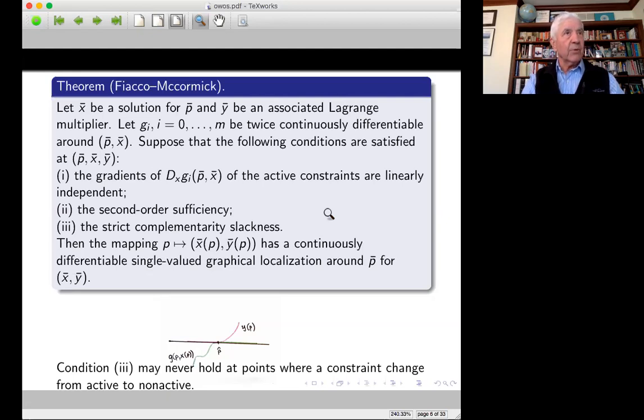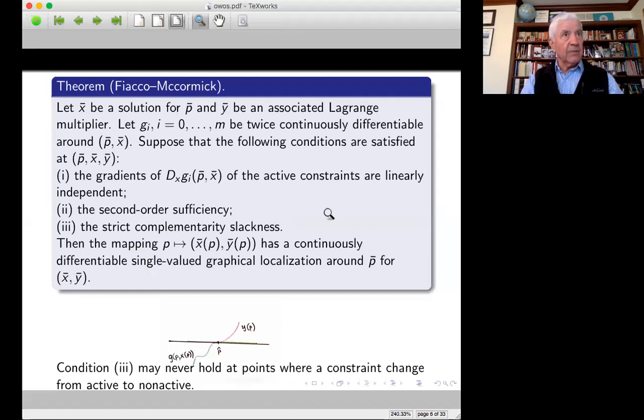And to this system of equations, we can apply the classical theorem. But now we don't have this situation. So we have to apply something like a non-smooth implicit function theorem. And where to look for a non-smooth implicit function theorem? Well, this is something which started in the late 70s.